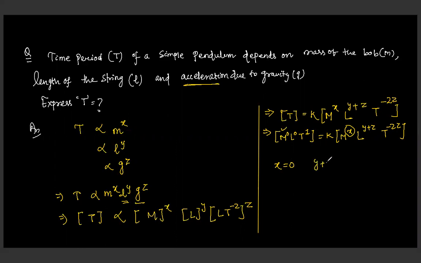Similarly, y plus z is also equal to 0, so y is equal to minus z. Minus 2z is equal to 1, so from this we get z is equal to minus 1 by 2. If z is equal to minus 1 by 2, then y is equal to plus 1 by 2, right?